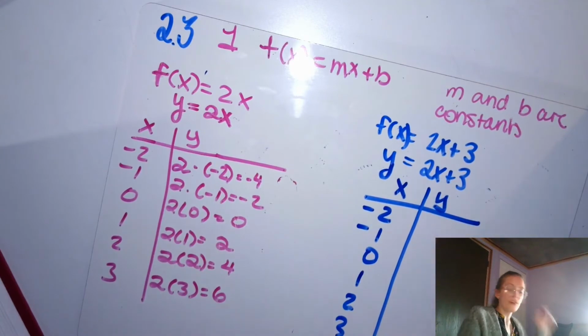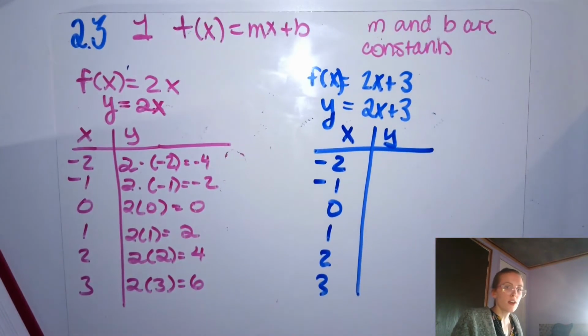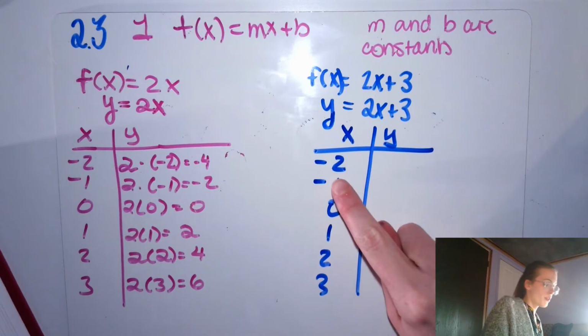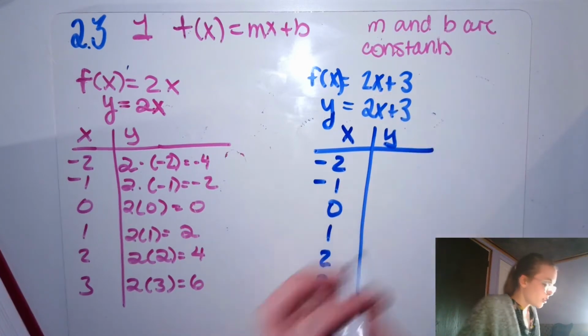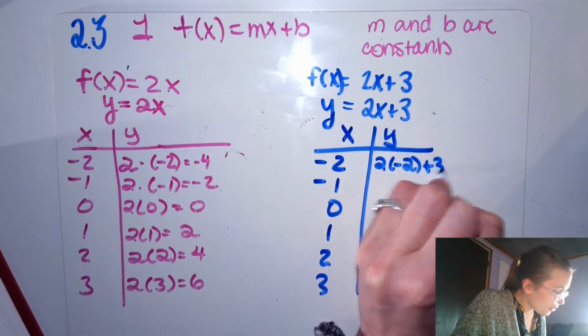Remember, those are just the values that you're plugging in, and then you need to check what your output is. So for -2, we'll plug -2 in here.